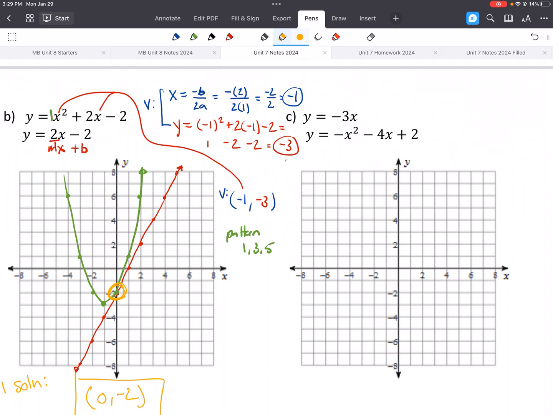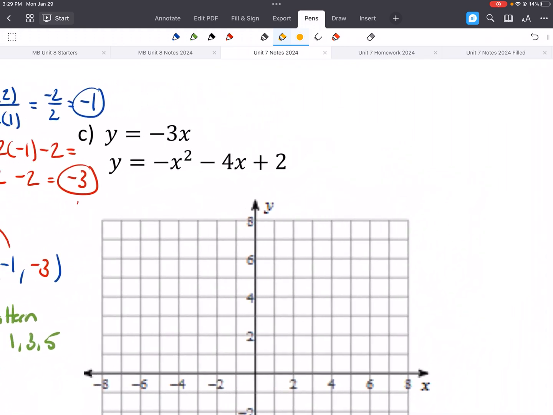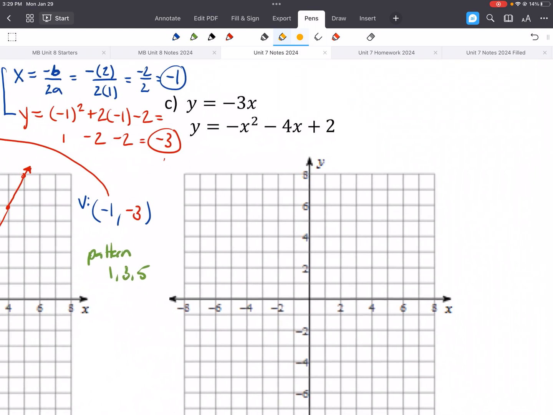Okay. Again, you can do it this way every time if you'd like. We've also learned in the past, from our last unit, how to graph and how we can find the vertex using our graphing calculator. So if you wanted to do it using your graphing calculator, that would be just fine. Again, just a little hint on how to do that. So I guess let's graph the linear equation first. So this is going to be my linear equation.